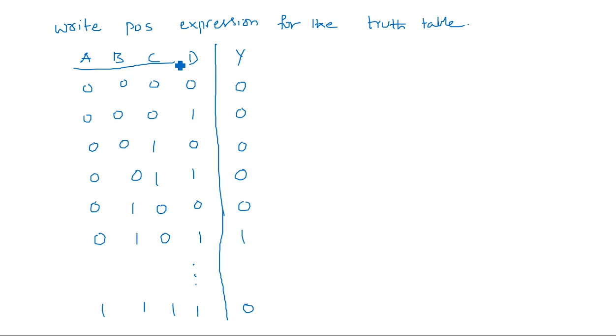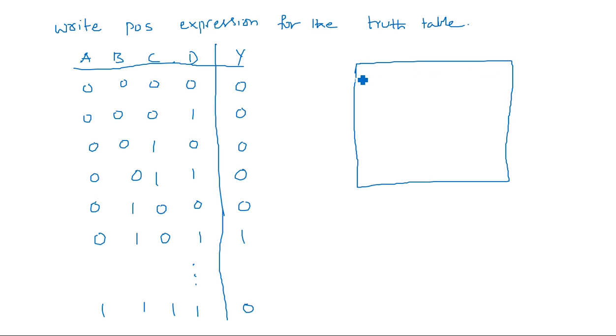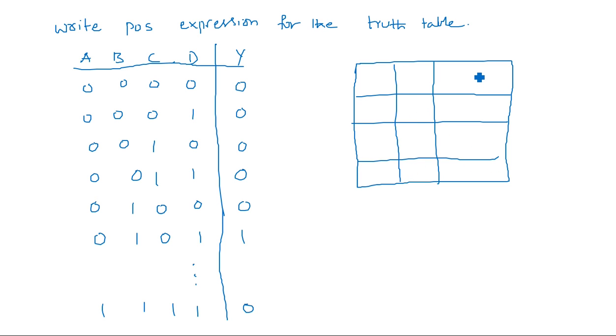Okay, as I am unable to show all the combinations, I am taking like this. Okay, now take K map. AB, CD: 00, 01, 11, 10, and 00, 01, 11, 10.